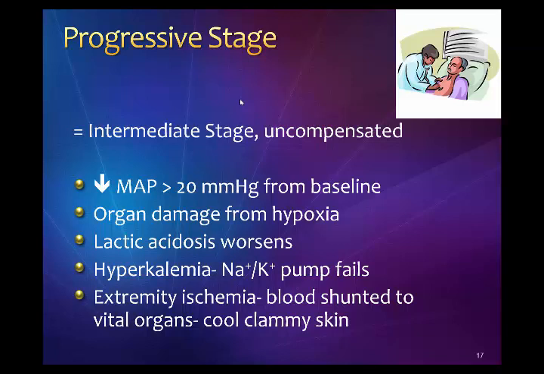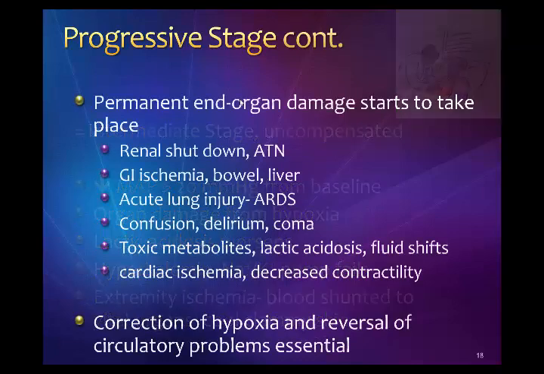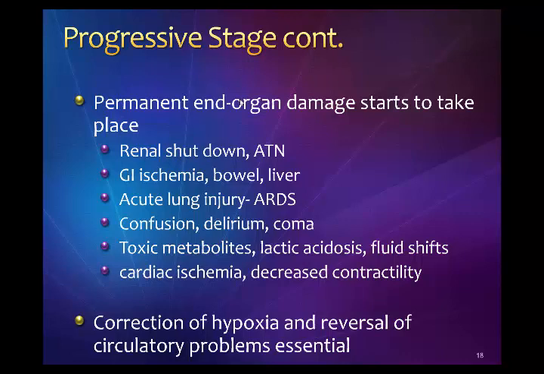And organ damage is evident and going to be noted. Lactic acidosis is getting worse. Hyperkalemia occurs, usually above 6 potassium. And we'll start to see cool, clammy skin, cyanosis of the fingertips, those types of things.